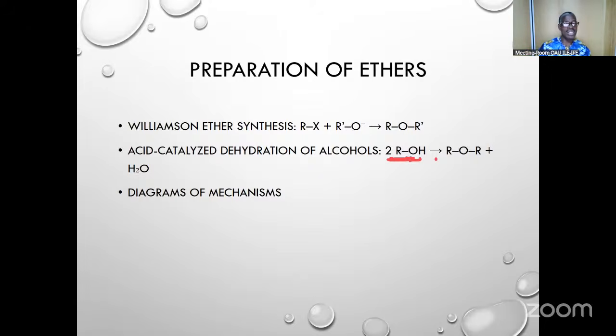Another very important and industrial way of preparing ether is by the Williamson ether synthesis, where an alkyl halide is reacted with an alkoxide, and then you have an ether.